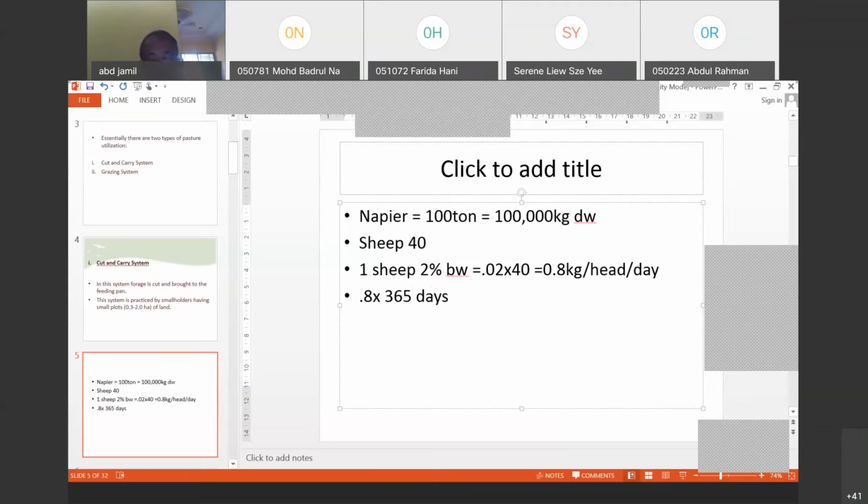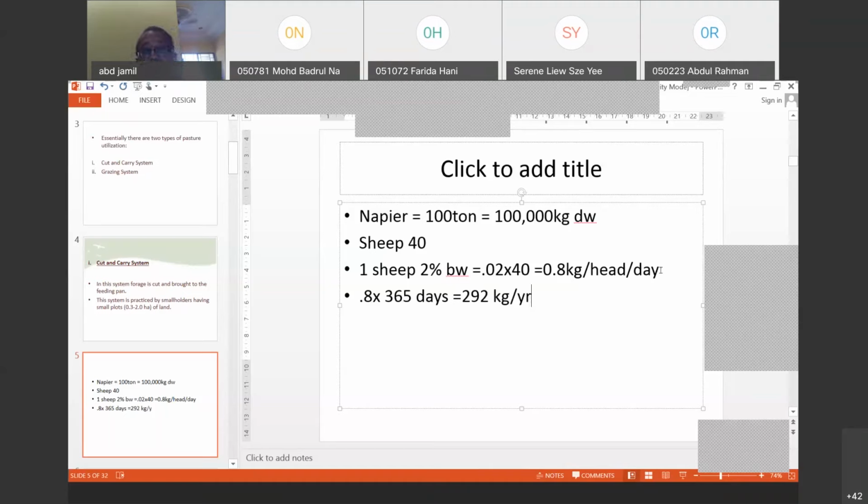So how much does that go to? Let me get my calculator. Okay, 0.8 multiplied by 365 is equal to 292 kilogram dry matter per year.